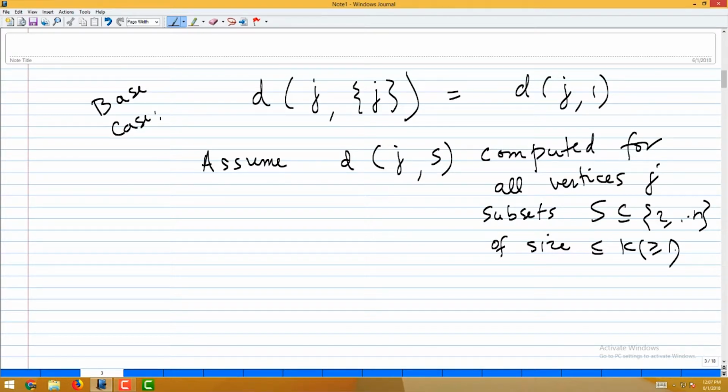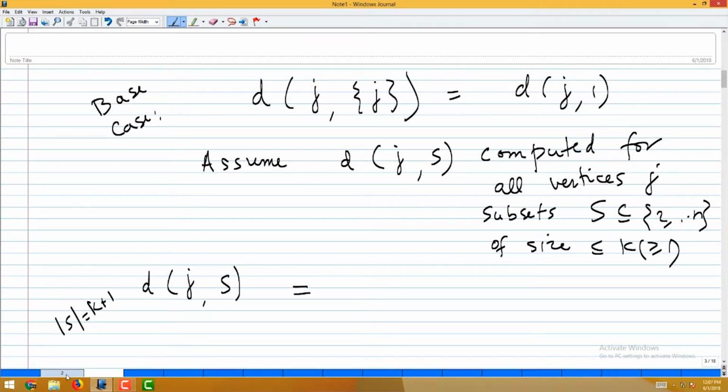Now, I want to compute for a larger set, of size k plus 1. It does not matter.